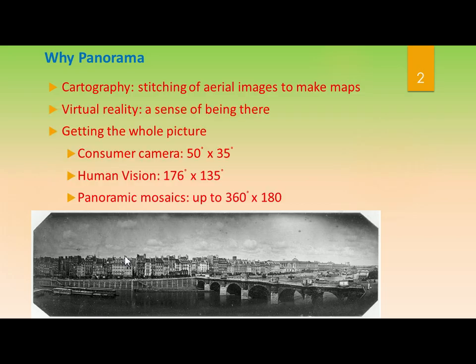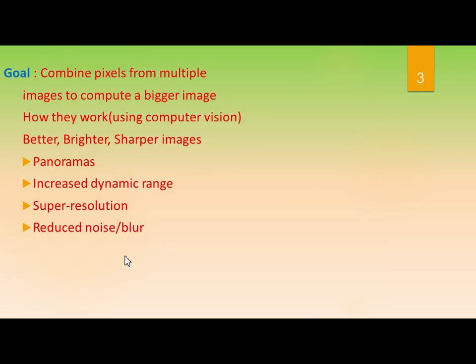We use panoramas. They give virtual reality, a sense of actually being in the image, and stitching of aerial images is used to make maps. The panoramic mosaic covers 360 degrees, whereas human vision covers far fewer degrees, about 176.